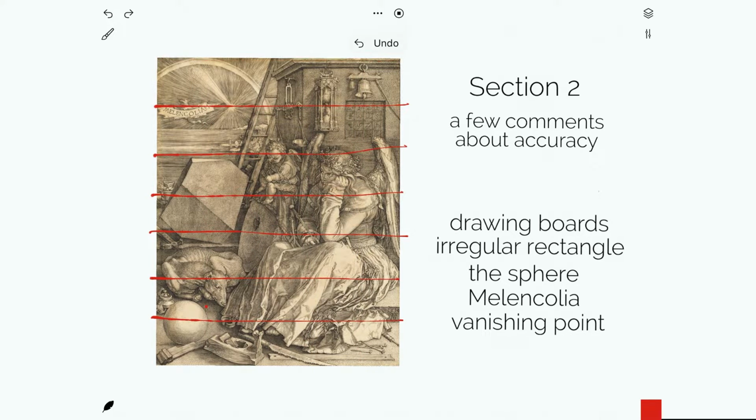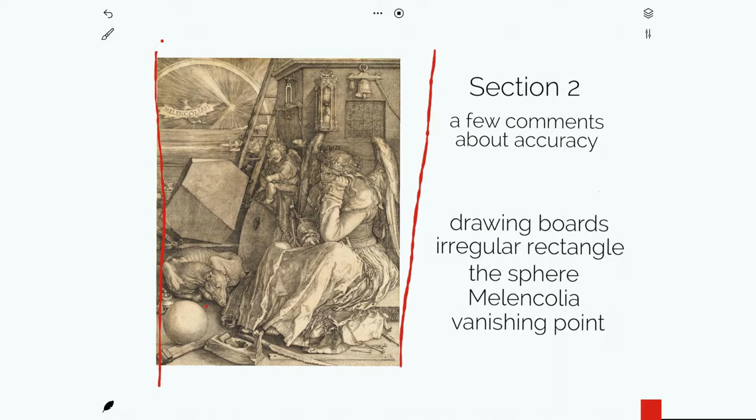Next, I've written irregular rectangle. I set the drawing up and I made this edge here a perfect vertical line with the computer software. That meant that this line over here, which I've exaggerated here, was out slightly.